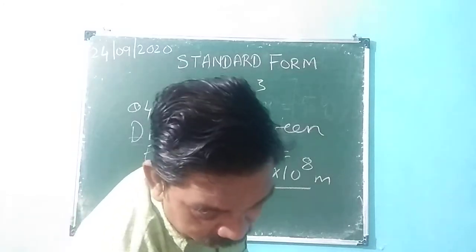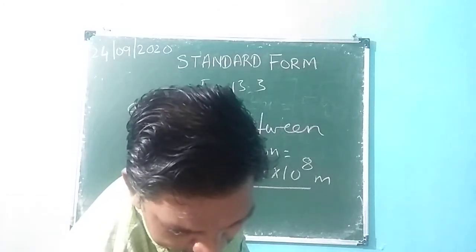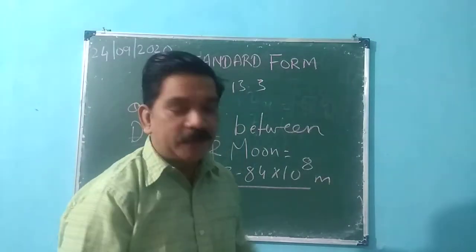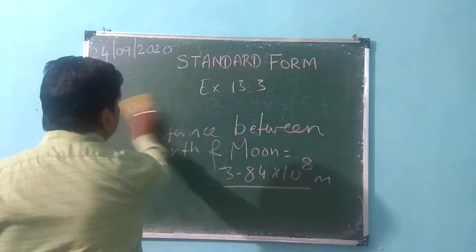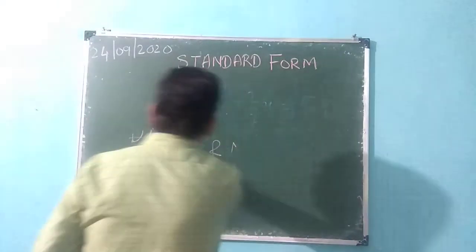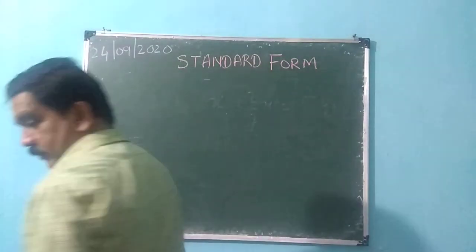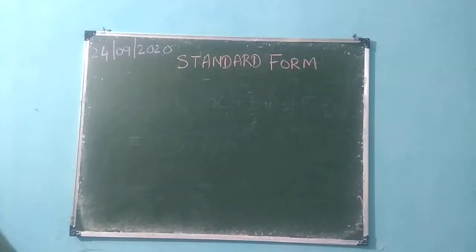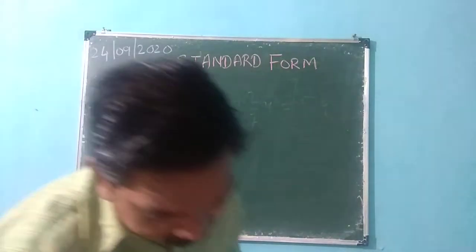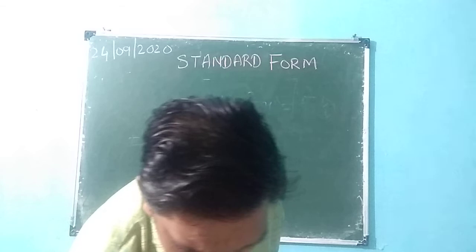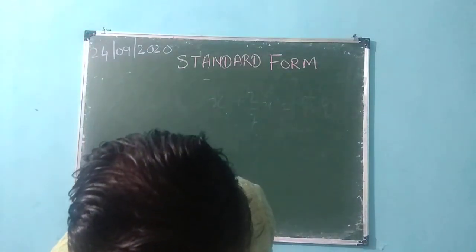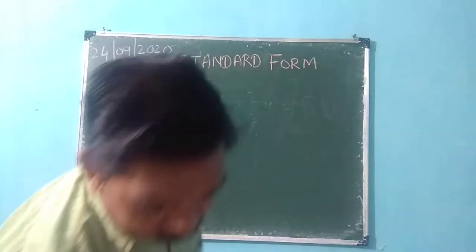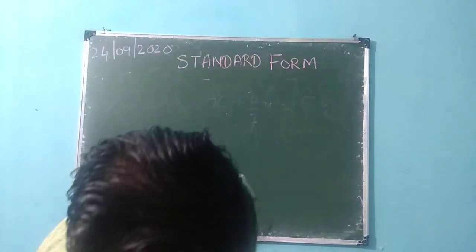Let me take question number 1, F part. Question number 1, F part is: it is given that the universe is estimated to be about this many years old.